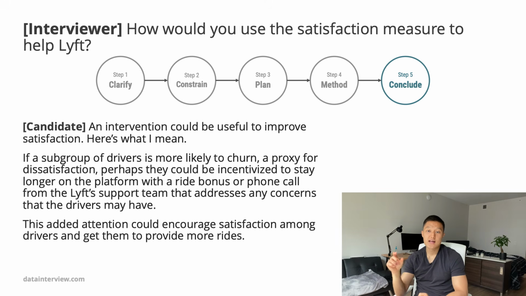And so you target a subgroup of users that are more likely to churn because they're dissatisfied. And then you can try to provide some intervention, in the form of some bonus credit or a phone call that addresses any of the concerns that they may have. And when you apply this intervention, the hope is that you can improve the satisfaction among drivers and ultimately reduce the churn.